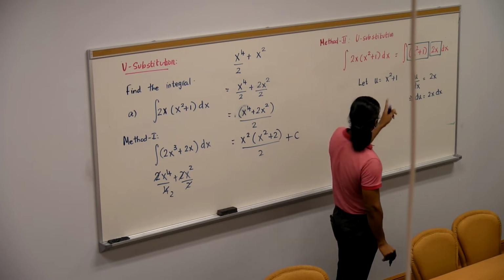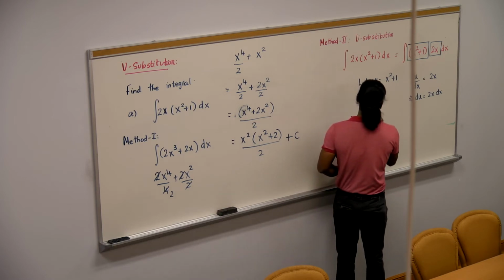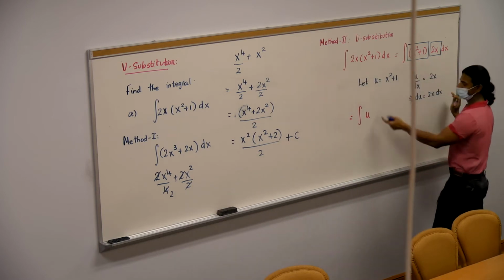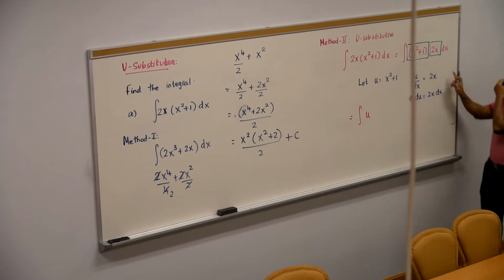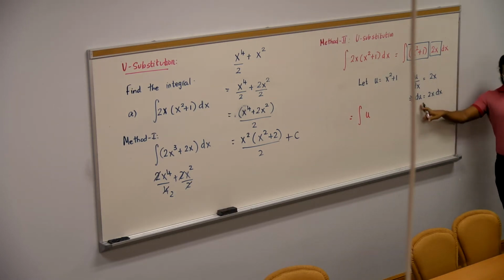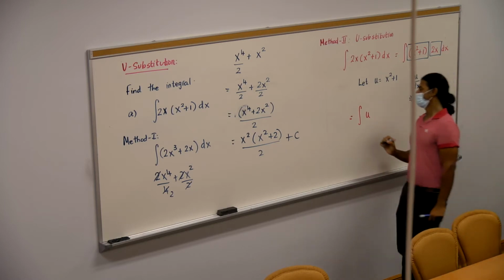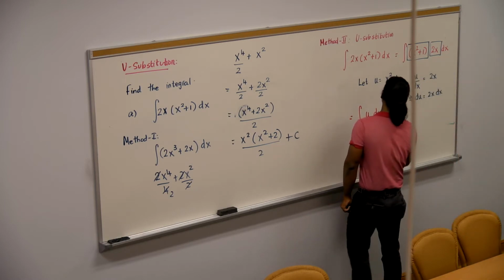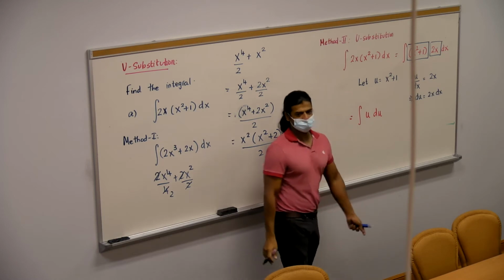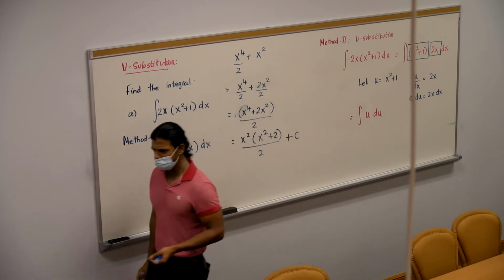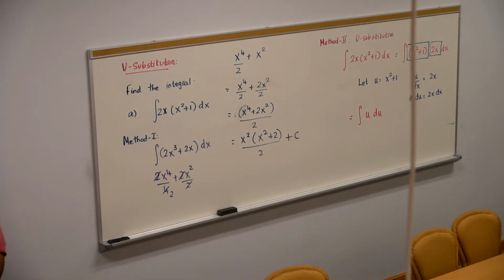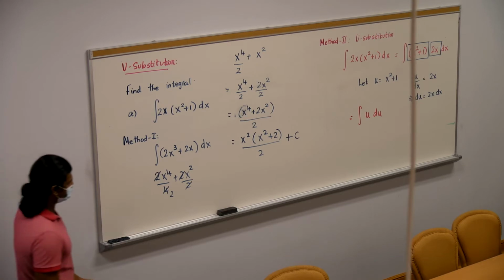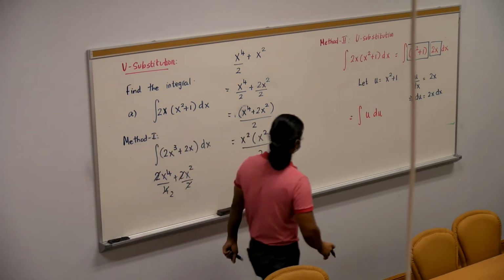X squared plus 1 would be u. 2x dx is the du part, whatever is left over. So I'll have u du. Now the power of u is 1. So when I integrate it, I'm going to get u squared over 2.